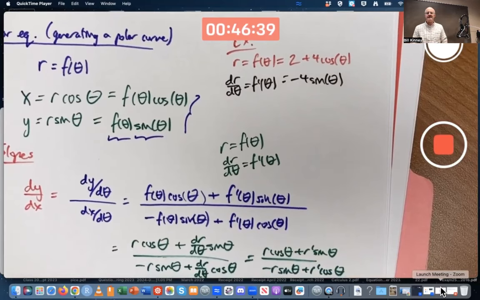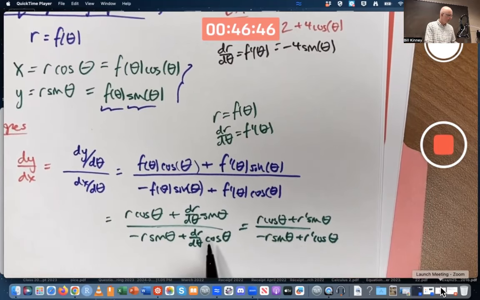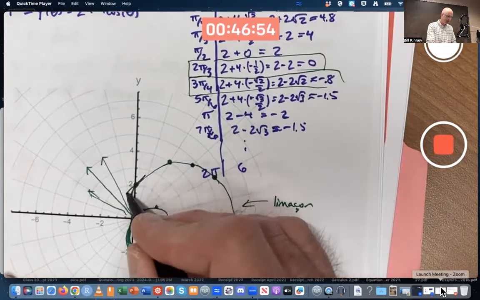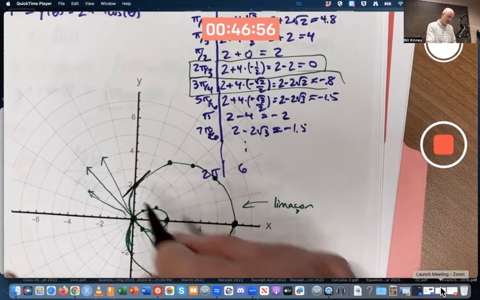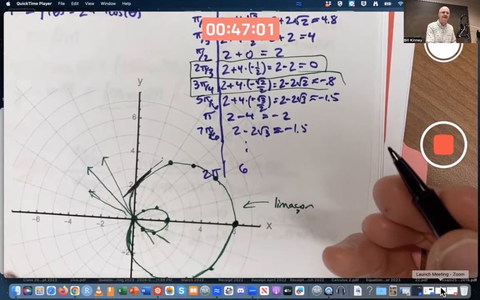And therefore, if we wanted the slope at a certain value of theta, we could use this formula. What value of theta would I like to find the slope at? How about at theta equals pi over 2? Visually, it looks like the slope might be close to 1. Is that right? Let's see.